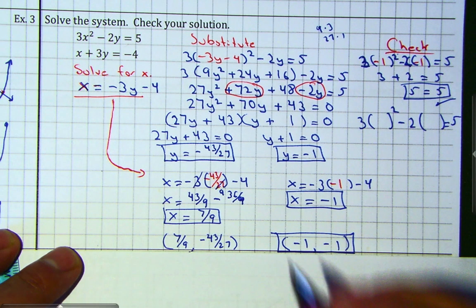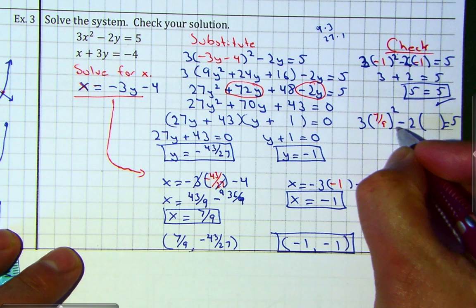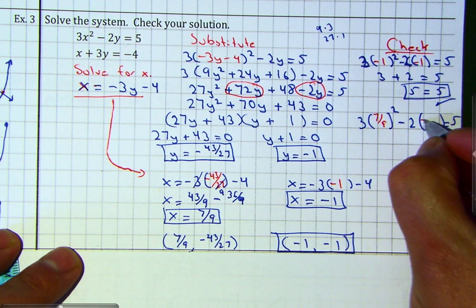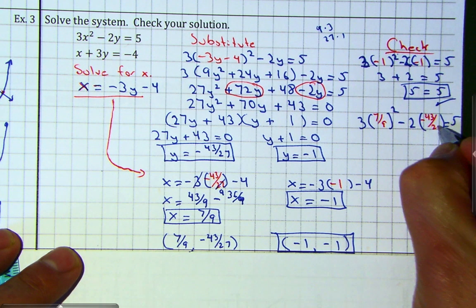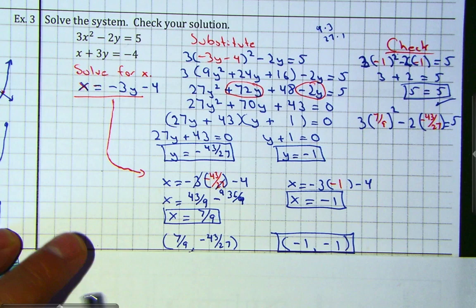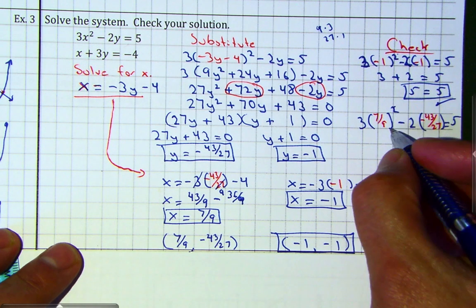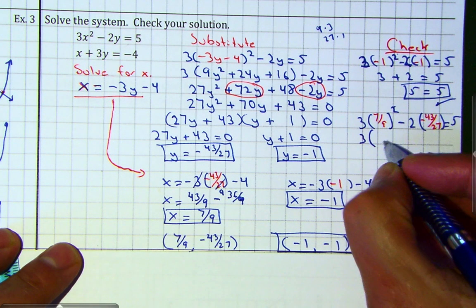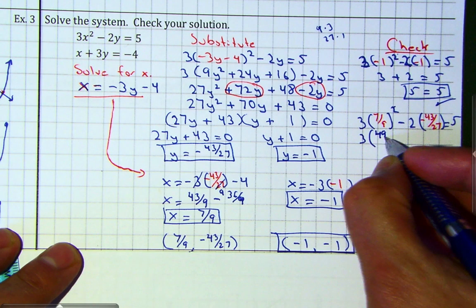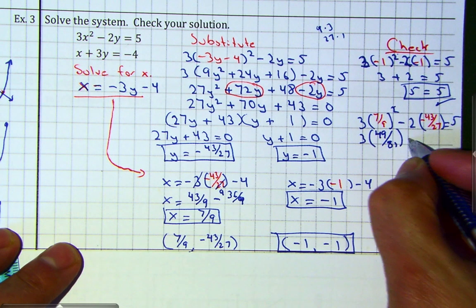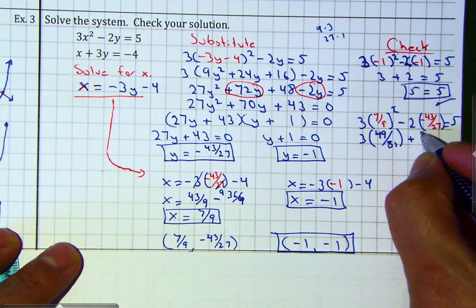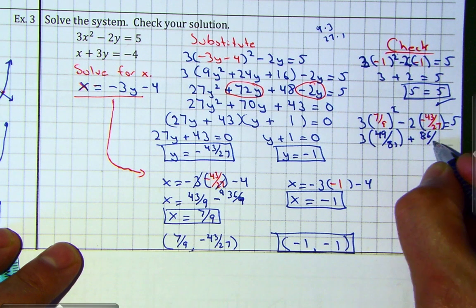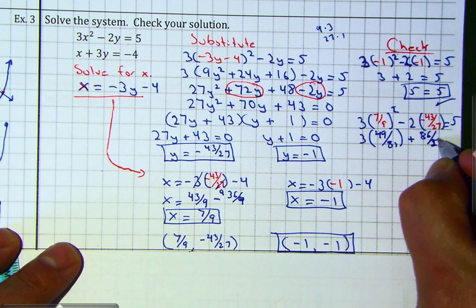So your x value is 7 over 9. Your y value is negative 43 over 27. So that gives you 3 times 49 over 81 plus 86 over 27 equal to 5.